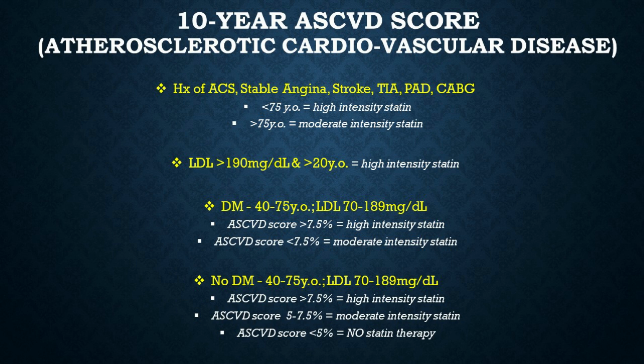The last group are patients with no diabetes mellitus between 40 and 75 years of age with LDL levels between 70 and 189 milligrams per deciliter. If they have an ASCVD score more than 7.5%, they get high intensity statin. If their ASCVD score is between 5 and 7.5%, they get moderate intensity statin. And if their ASCVD score is less than 5%, they get no statin therapy.